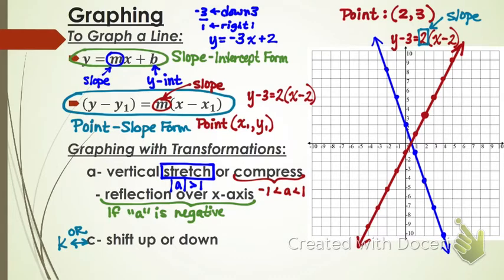In order to shift it up, this value is going to be added onto the end. And in order to shift it down, this value would be subtracted at the end. And then this wasn't on this slide, but I'm going to add it on here. Your h value will shift things left or right.